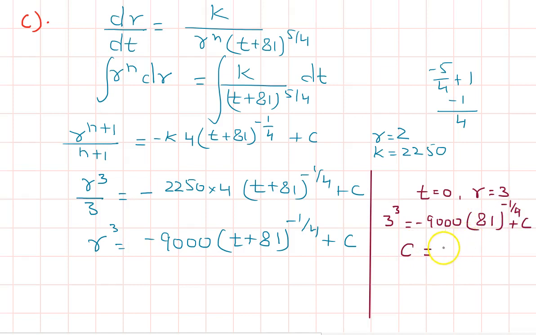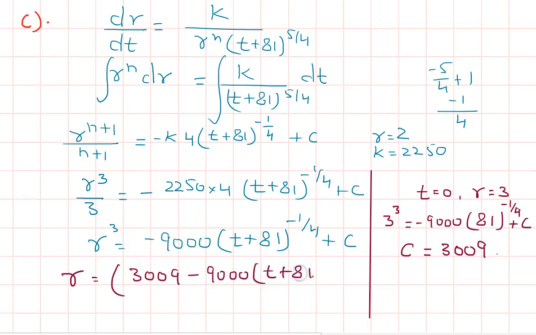So c will be found, and r will be the cube root of 3009 minus 9000 t plus 81 to the power minus 1 over 4. That is r is equal to the cube root. So that is the value of r.